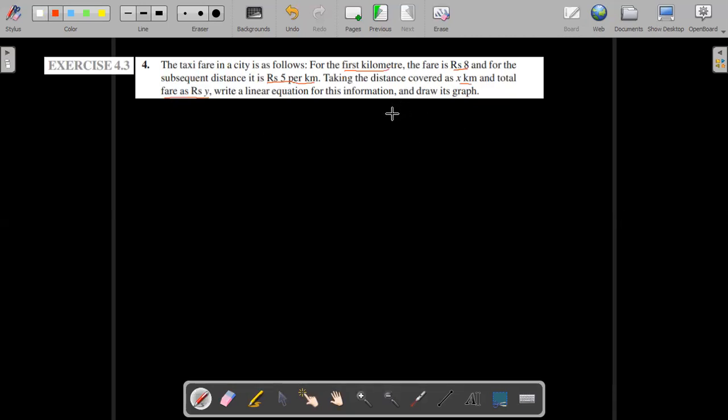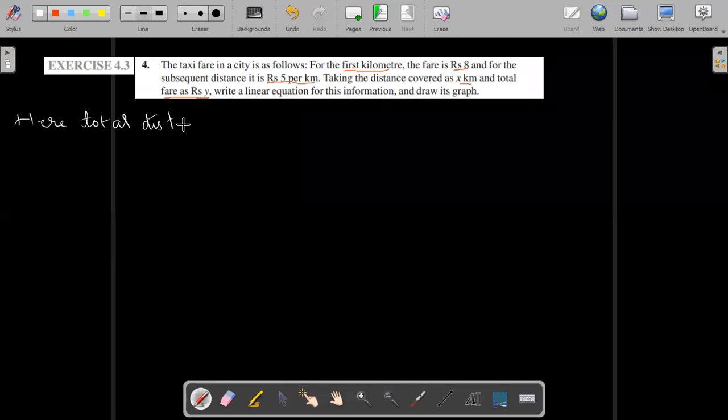So first we have to write the equation. Here we have been given the total distance, x kilometers, correct?